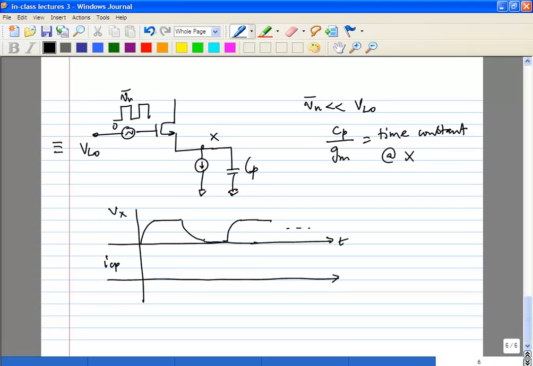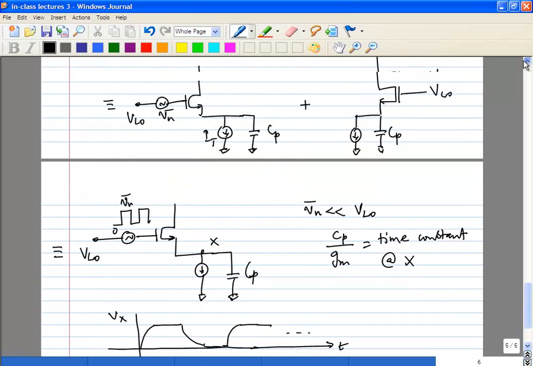Then next we will plot the current through the capacitor Cp, which is ICP. I have a pulse there, and I'm going to have a negative pulse here, and so on. This is the equivalent circuit.